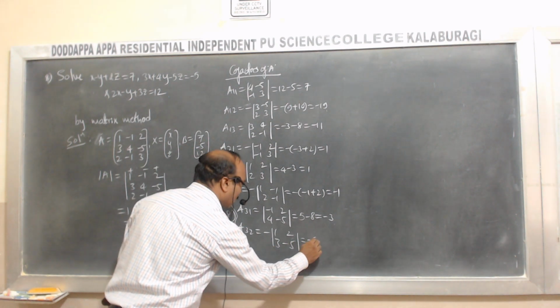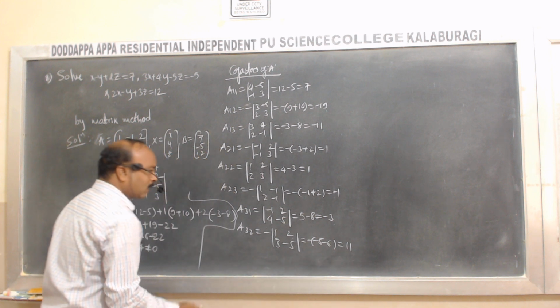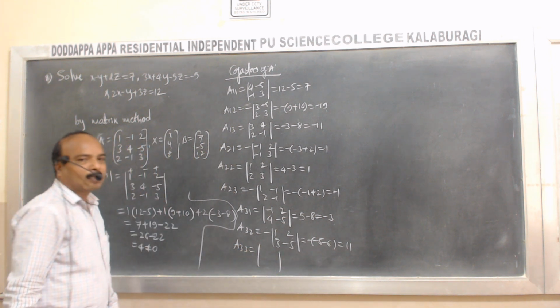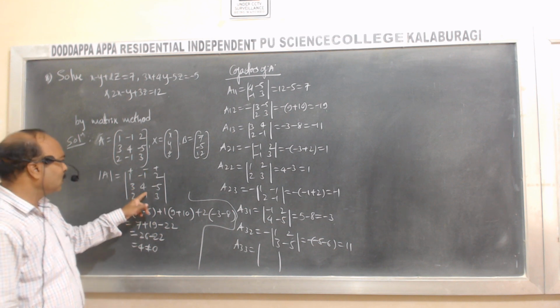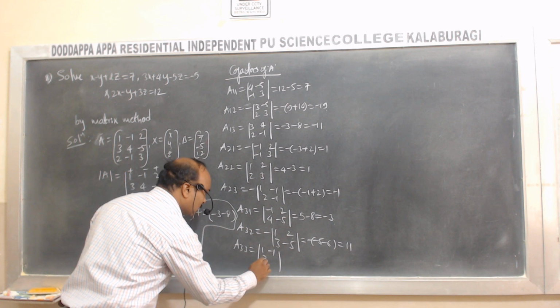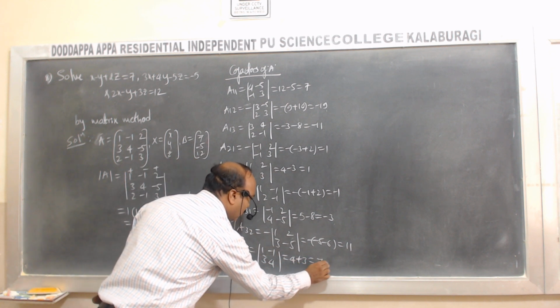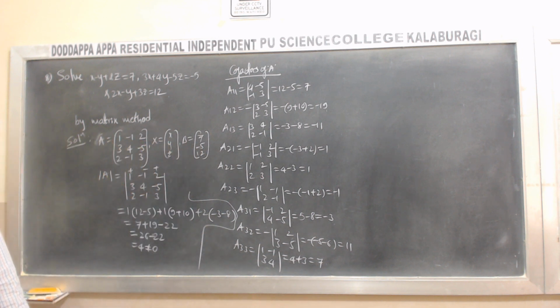So it is minus of minus 5 minus 6, it is plus 11. Next A33, it is the determinant of, deleting this row and this column, we get 1 minus 1, 3 4. So it is 4 plus 3, it is equal to 7. So these are the cofactors of this square matrix.